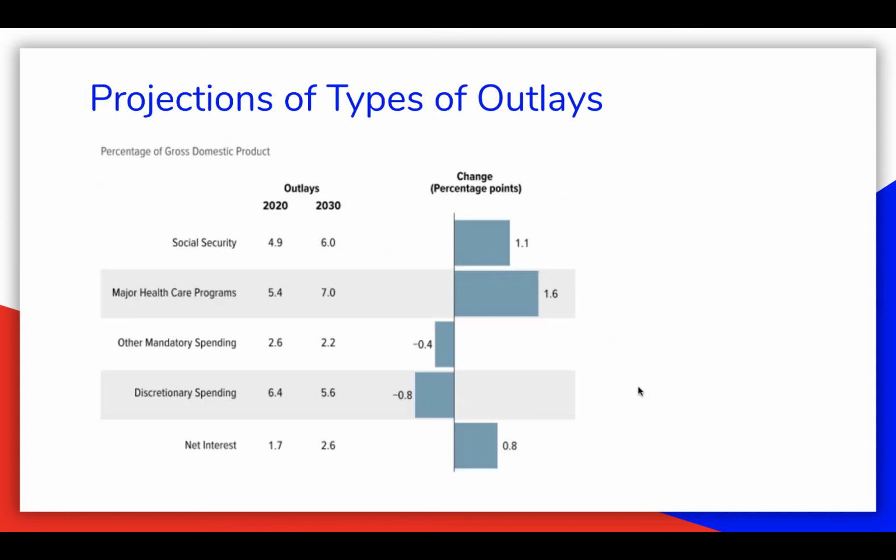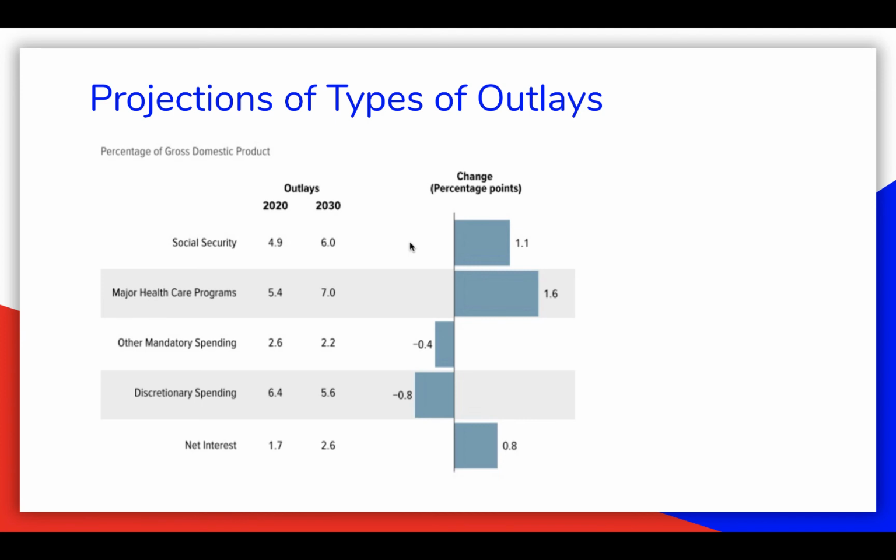What is driving that? Really, the type of mandatory spending they expect to increase over the next decade is Social Security and Medicare, right? Here's Social Security, here is Medicare. Both programs for the elderly.